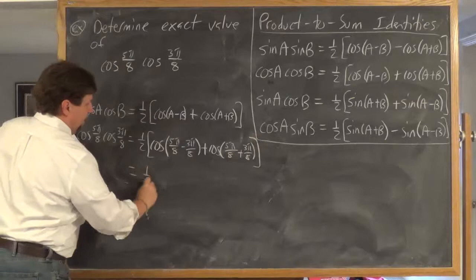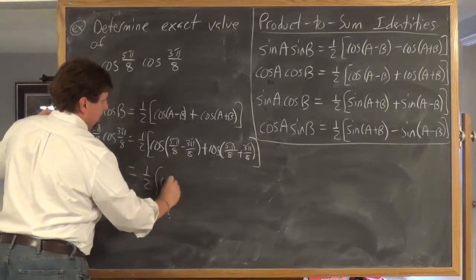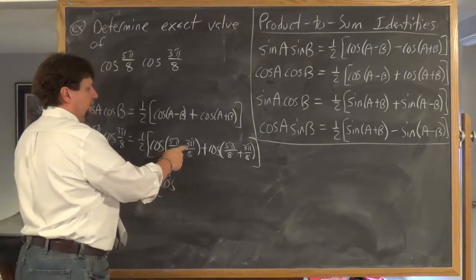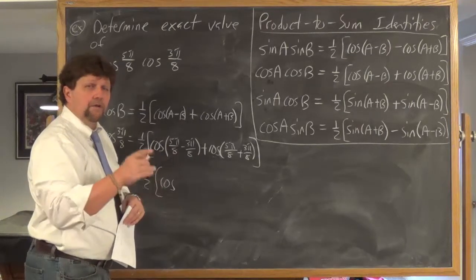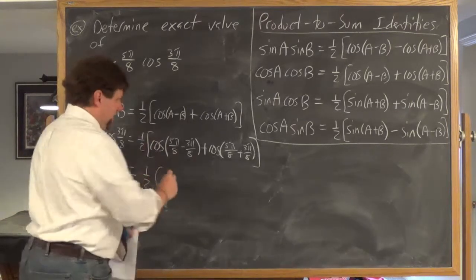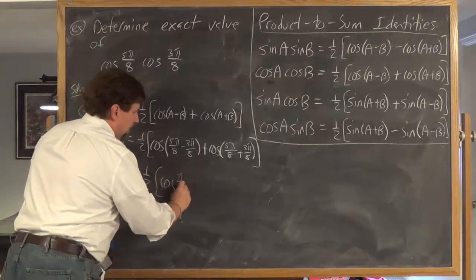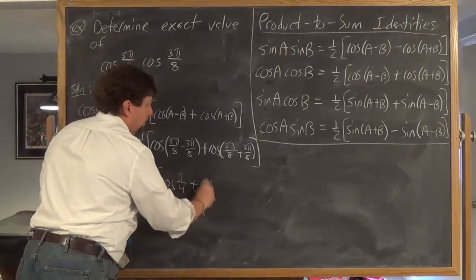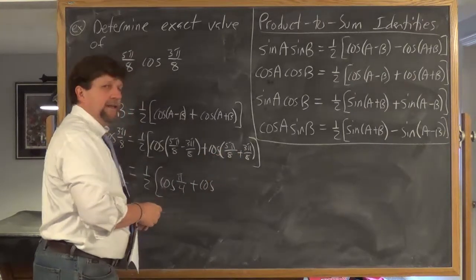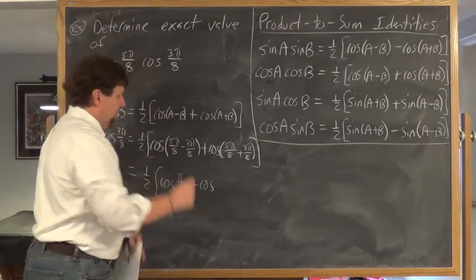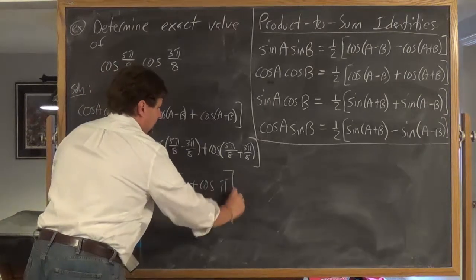Continuing on, 5 pi over 8 minus 3 pi over 8 is 2 pi over 8, which reduces to pi over 4. And here we have 5 pi over 8 plus 3 pi over 8, that gives me 8 pi over 8, which reduces to pi.